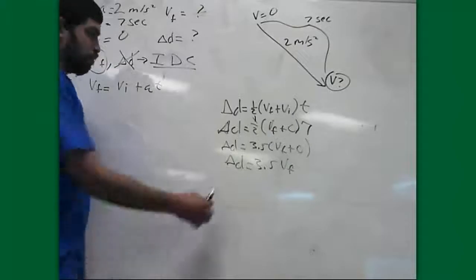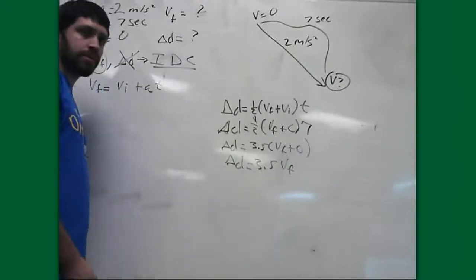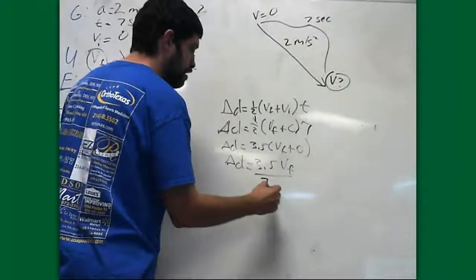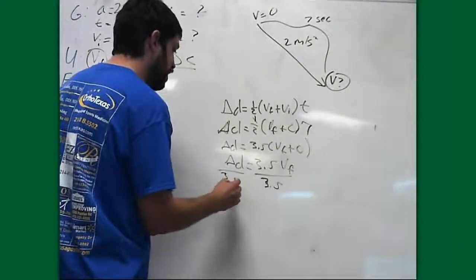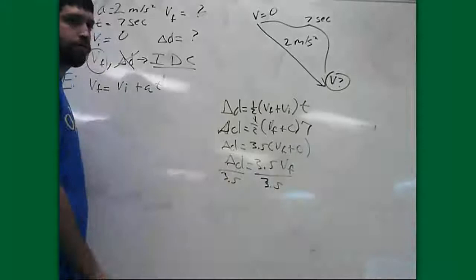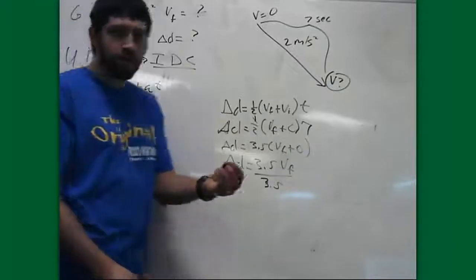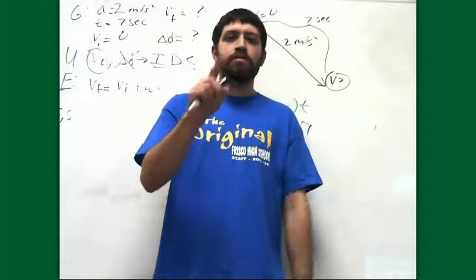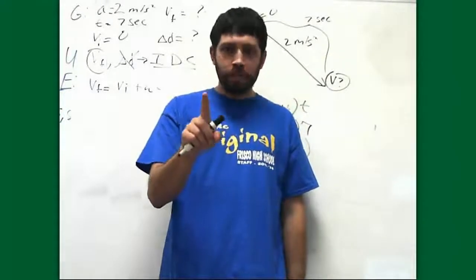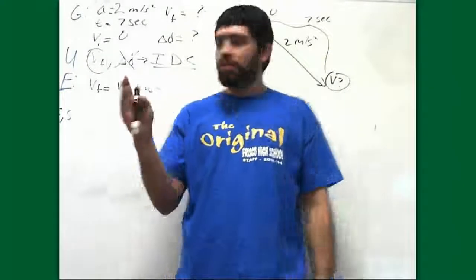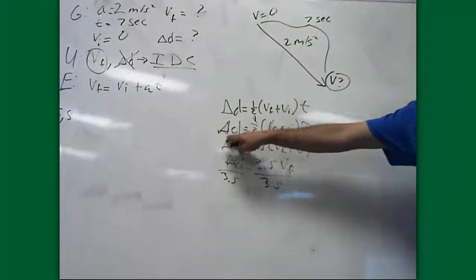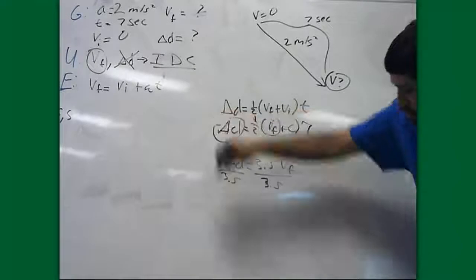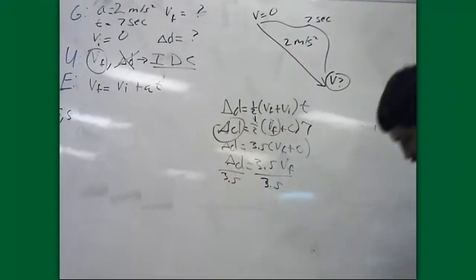And now we're at this point. What do we do next? Well, you might say, well, divide by 3.5. Okay, let's try that. Divided by 3.5. All that gets me is delta D over 3.5. It doesn't give me a number. Here's the point. You can only have one unknown in your equation after you substitute. Here's my substitute step. I've substituted everything in, and I have 2 unknowns.